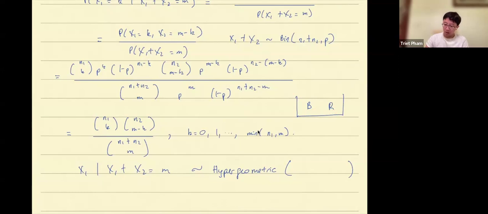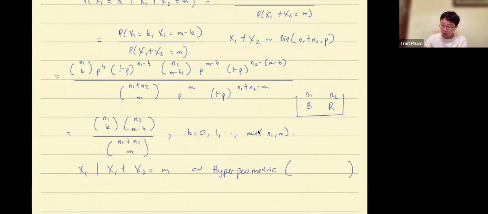And that's N1, N2 here. N1, N2 play the roles of the number of members of each individual group.